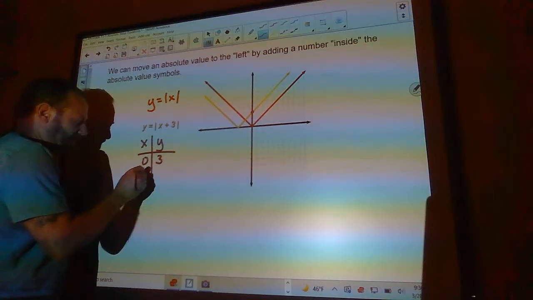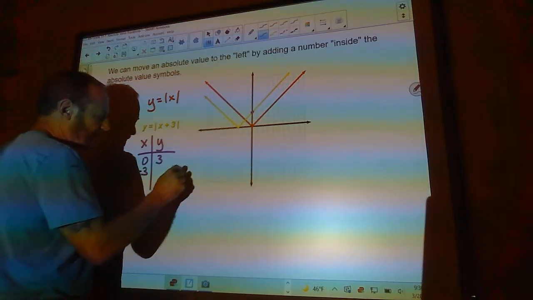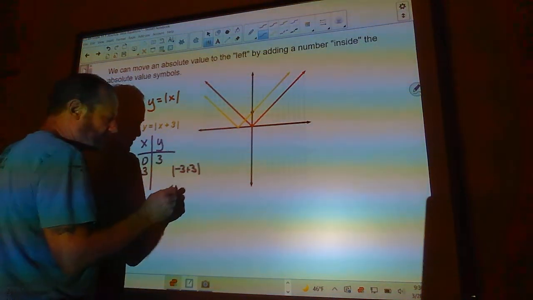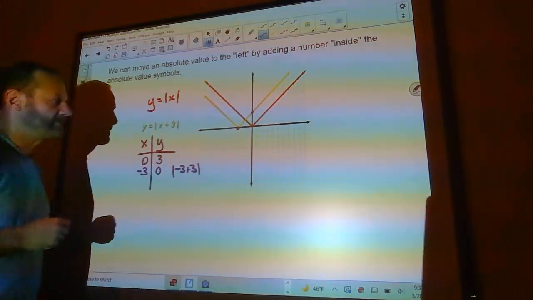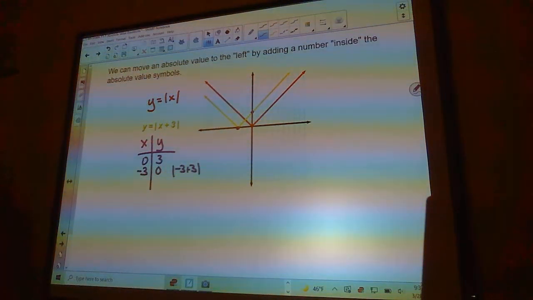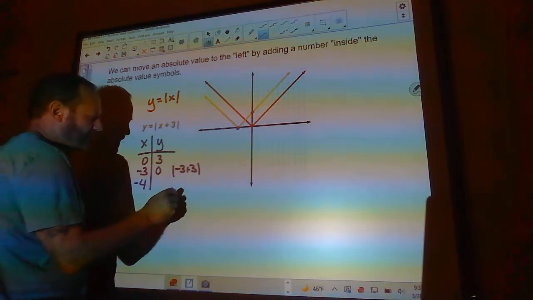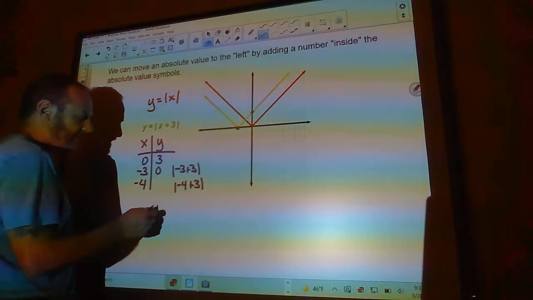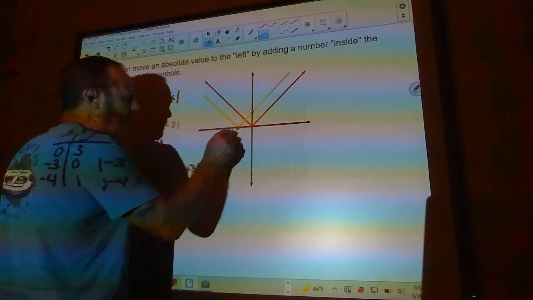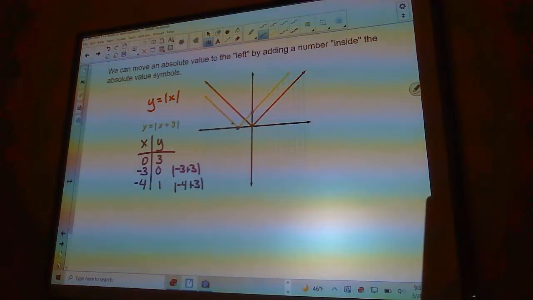If I plug -3 in here for x, I get absolute value of -3 plus 3, which is just going to be the absolute value of 0, which is 0. There's my vertex right there. And if I put in, say, -4, well, that would be the absolute value of -4 plus 3, which is going to be the absolute value of -1, which is +1. Well, that's going to be right there. And so it makes that V shape right there.